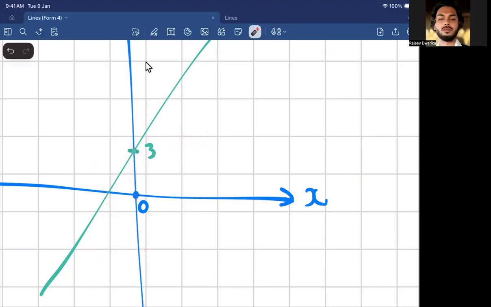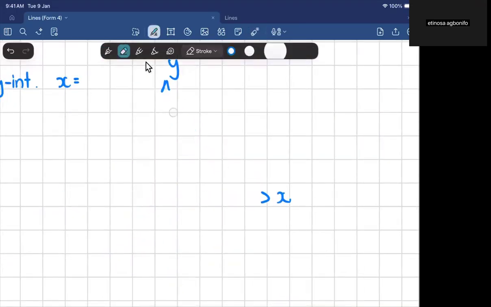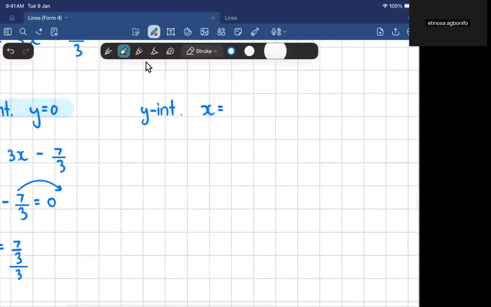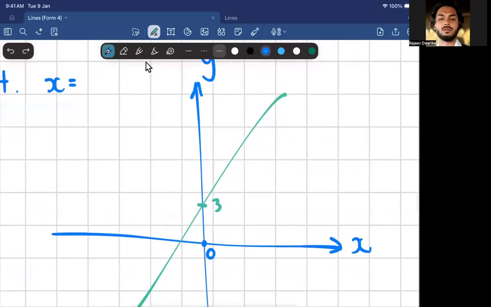So you think you understand it now? Yes, I think I understand now. Okay, say no more. Right, so at the y-intercept, what is the x value? So if you're on the y-axis, what's the x value? If on the y-axis, the x value is 3. No, we just looked at it. Check it out.